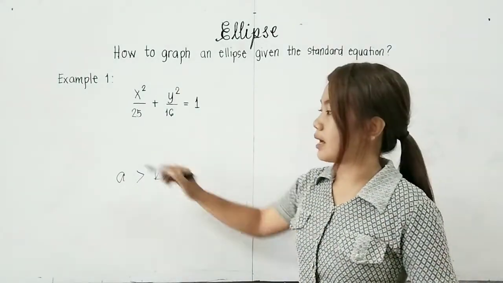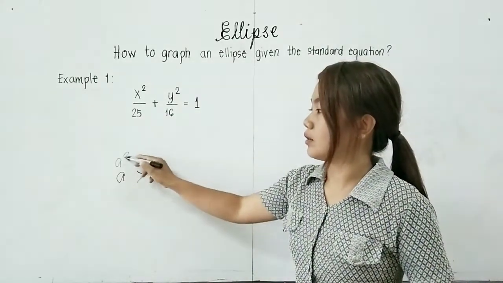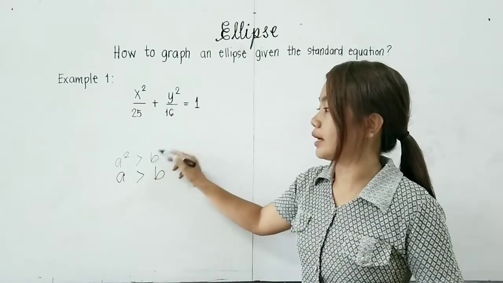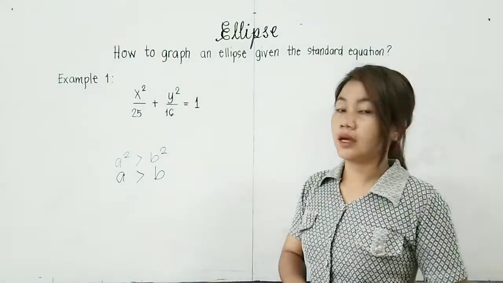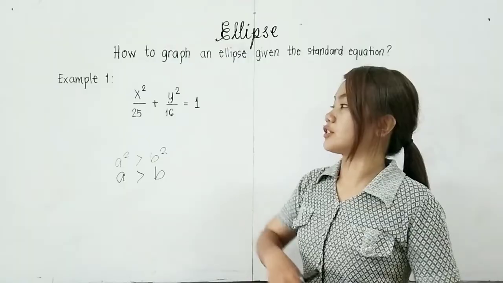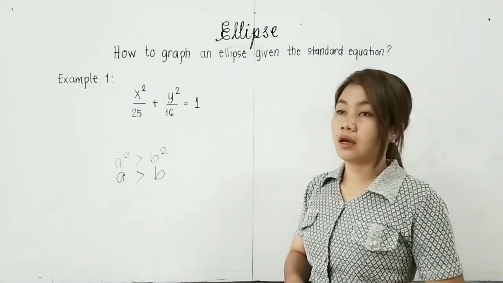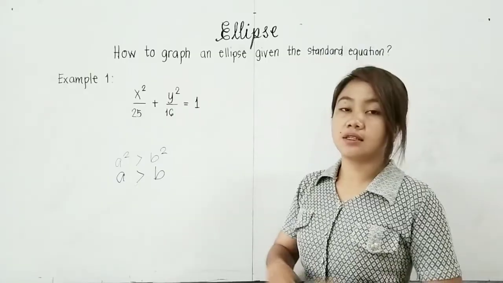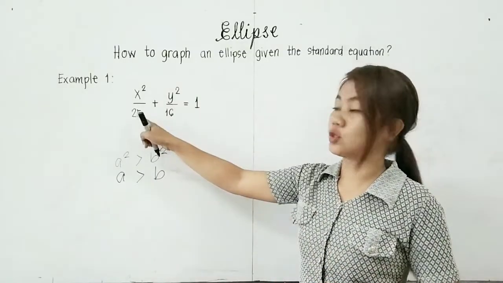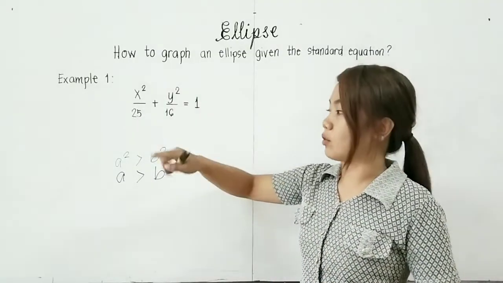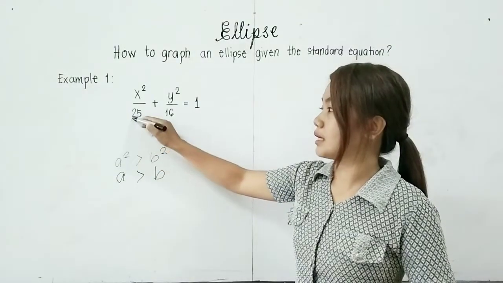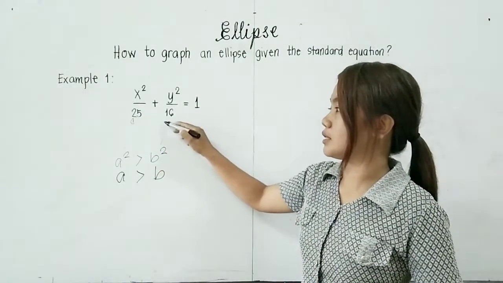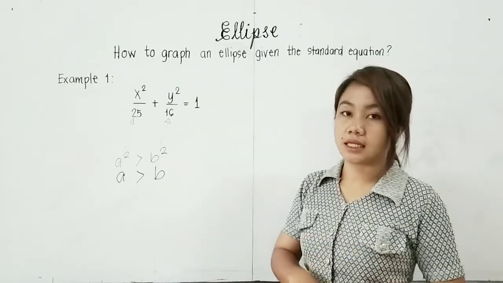So it follows that a squared is also greater than b squared. Now, in our denominators 25 and 16, which do you think is greater, 25 or 16? Obviously, the greater one is 25. So therefore, our a squared is 25 and our b squared is 16.